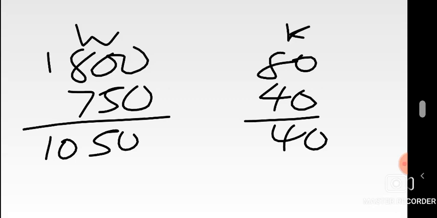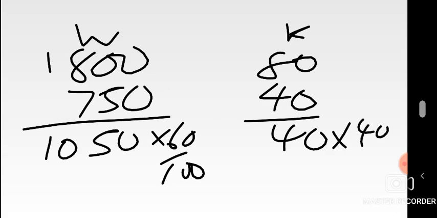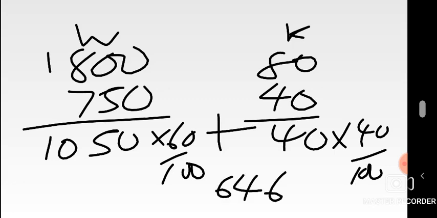Use the proportions again. There is 60% for Wimbo, or 60 over 100 if you want, and 40 for Kimbo there. What answers are we getting for the weighted? And by the way, adding the answers you get here, we will land with 646 as the weighted contribution per unit. Hence, we just got the formula.